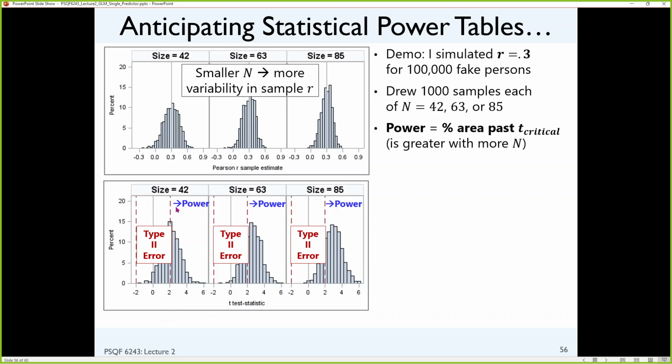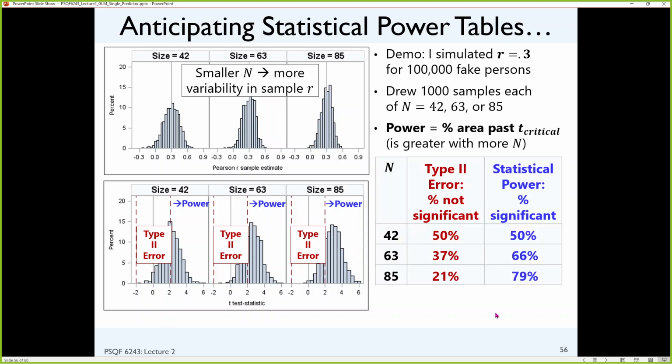And if we look at the relative distribution of what is an error, meaning we would say it's not significant even though it's supposed to be, versus when we do find it, we do declare it significant, power increases as you get more people.